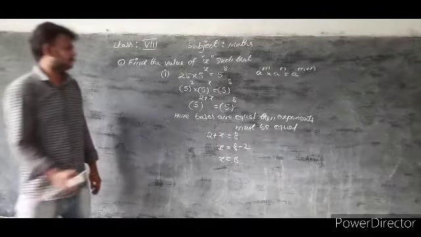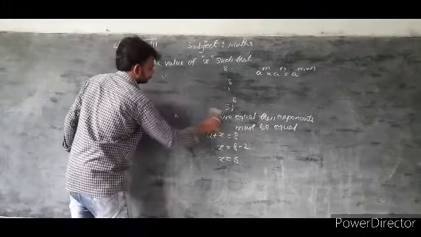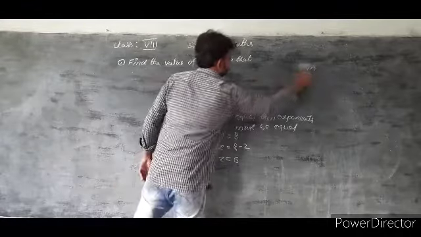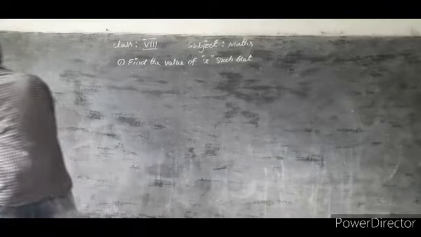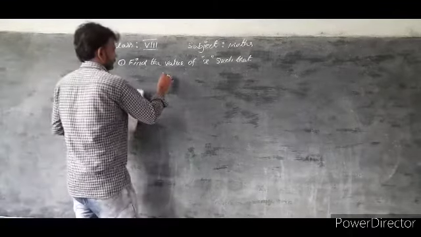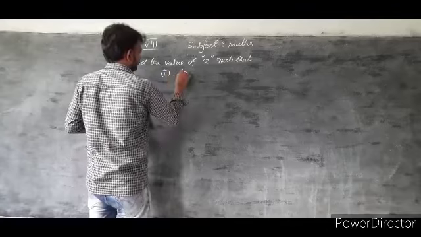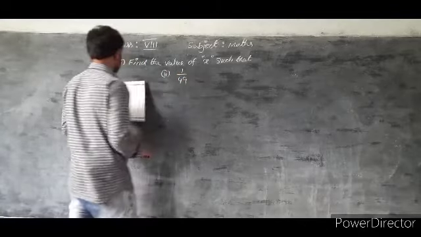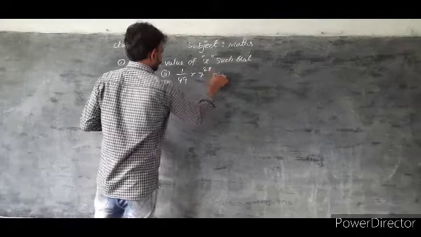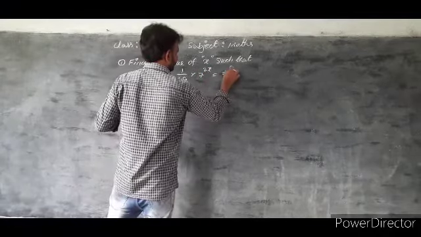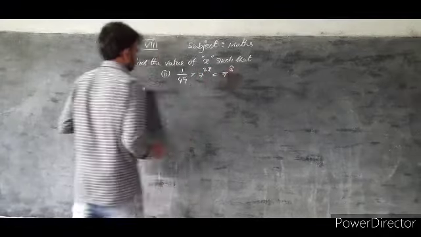Then second problem. 1 by 49 into 7 power 2x equal to 7 power 8.